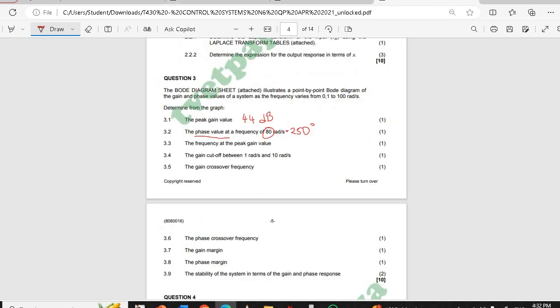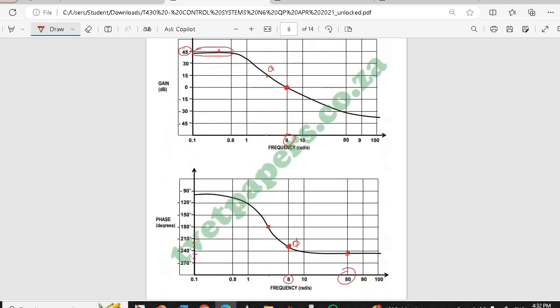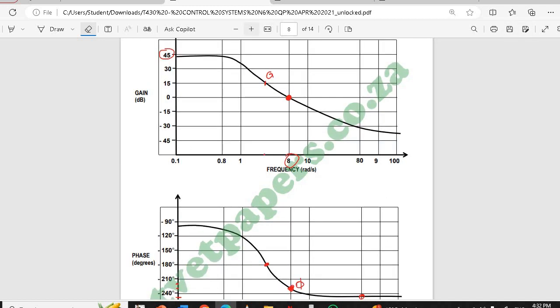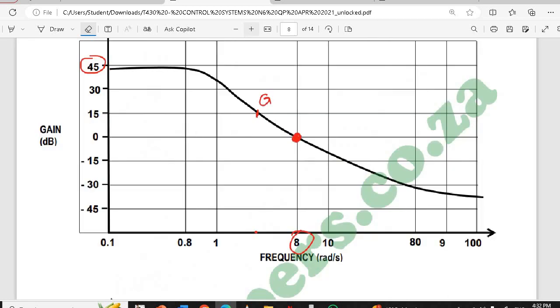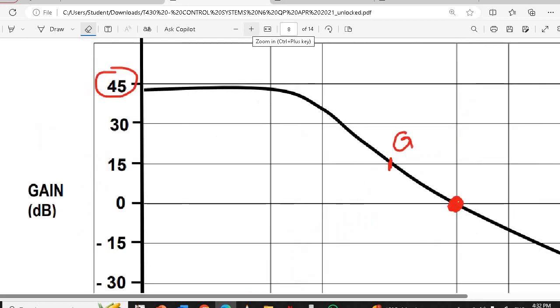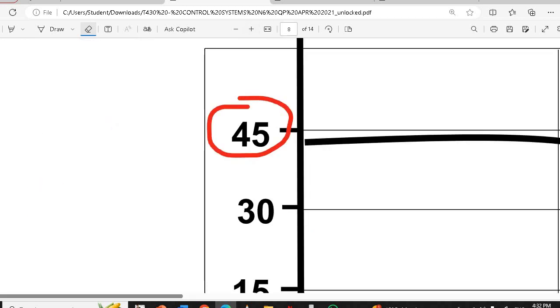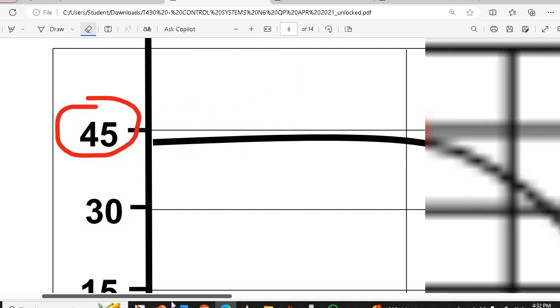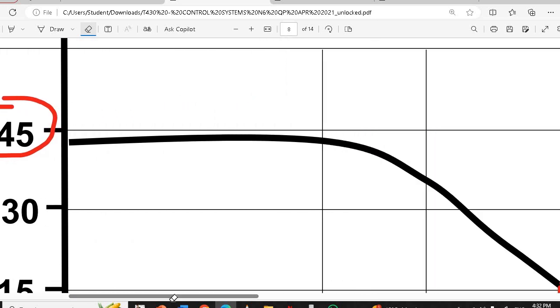Then the frequency at the peak gain value, this one is tricky. Why is it tricky? Because we can't really see where the peak is. Just look at the one which is closer to the line here, but let me zoom in, maybe we can see something. Okay, if I zoom in, for me it looks like it's closer to the line somewhere here.